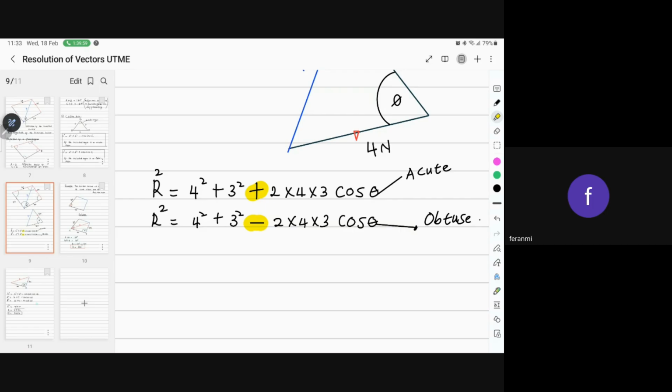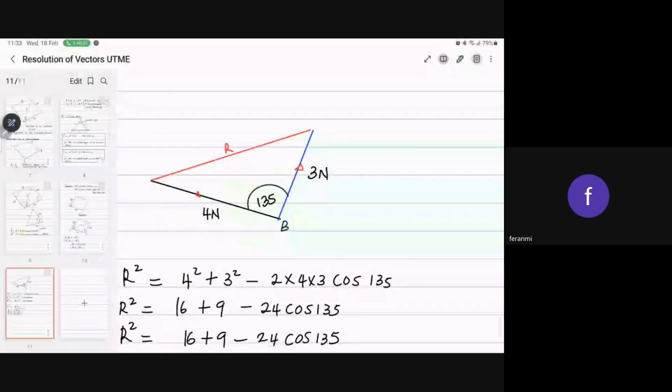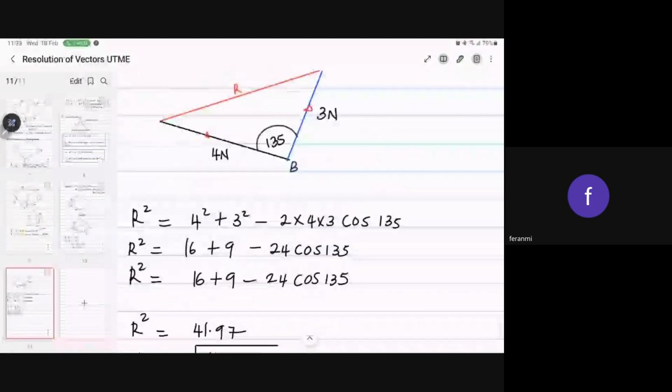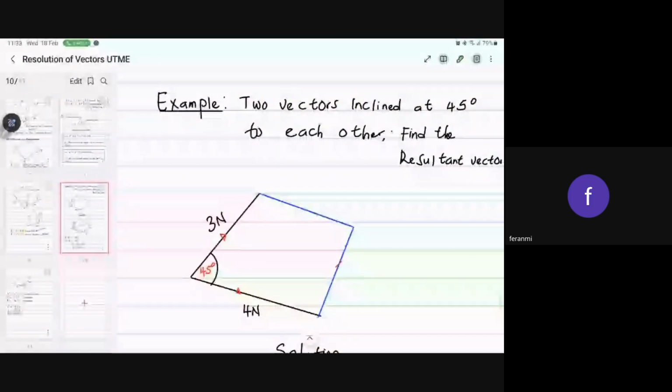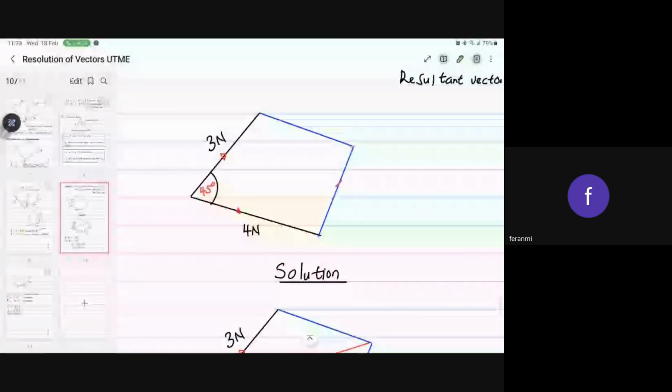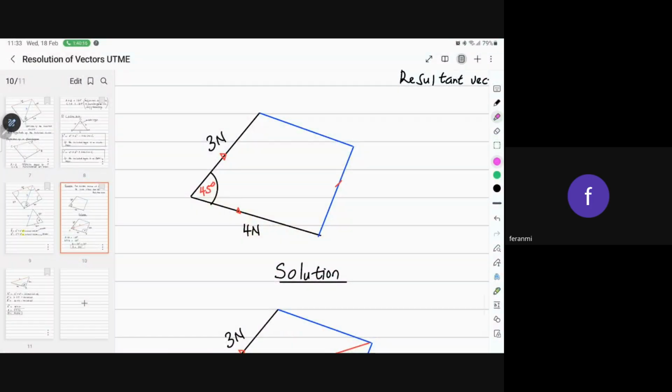Okay, let's go the other way around. Now, if you don't want to use this pattern, you remember I had to figure out what that angle is there. 135. Imagine I want to go straight up with this 45 degrees in between. You cannot see how it forms the cosine rule from this triangle.